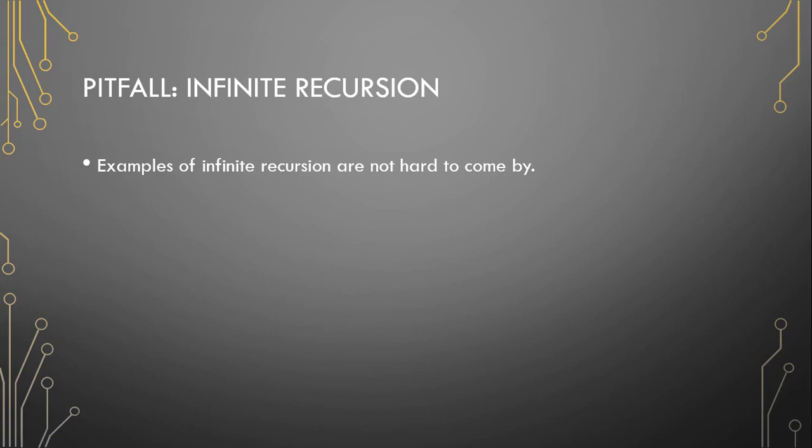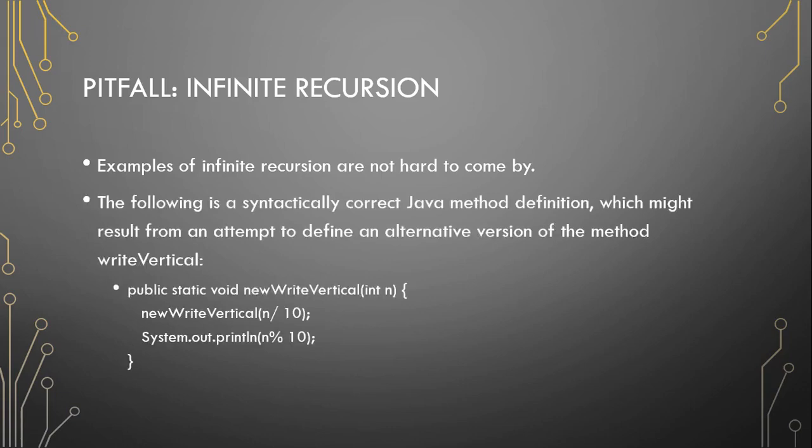Well, technically 123 is not greater than 123, so it's always going to fall into the else. So the following is a syntactically correct Java method definition, which would result from an attempt to find an alternate version of the method right vertical. Here I have public static void newRightVertical, and newRightVertical of n divided by 10, System.out.println of n mod 10.